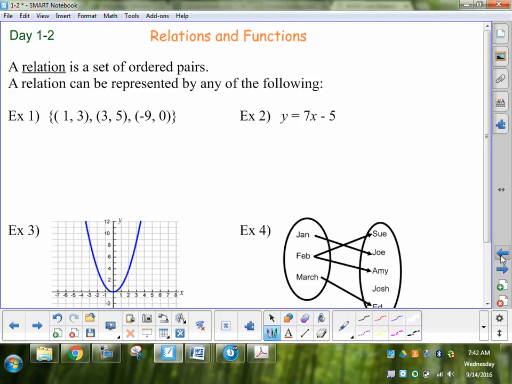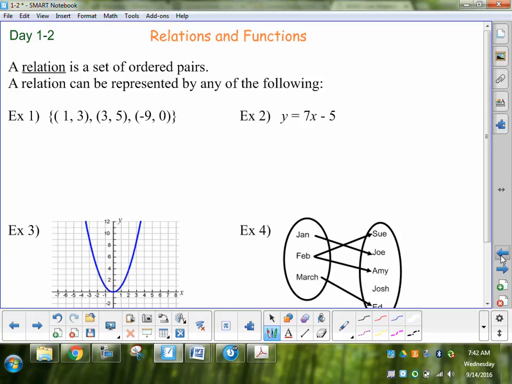So as we do this, you all had indicated that you at least have some passing familiarity with what a relation is, what a function is, because you remember stuff like the vertical line test. Looking at this, the relation is a set of ordered pairs. It's a mapping of points.